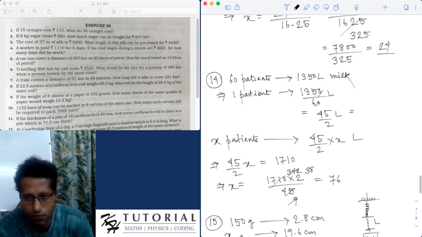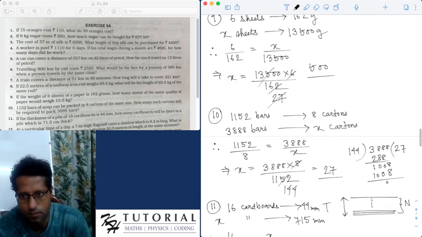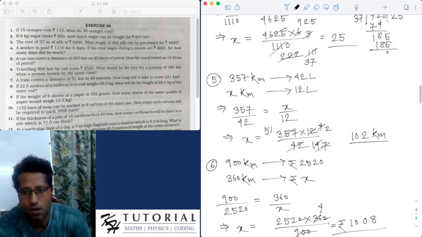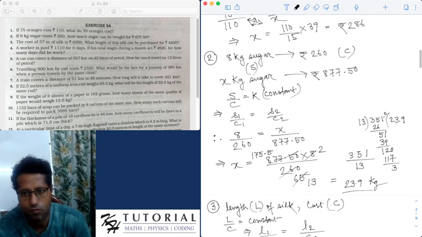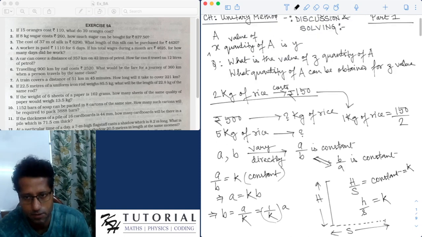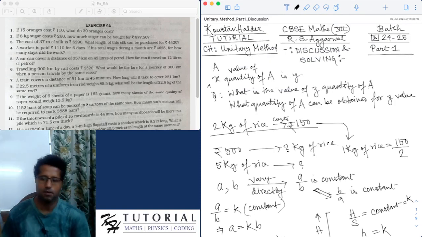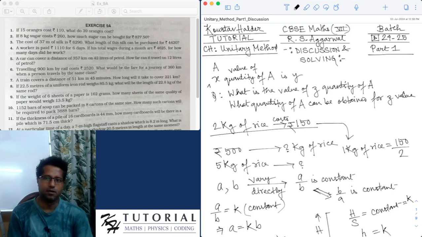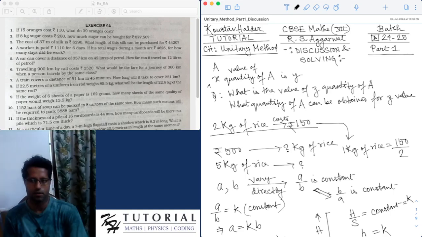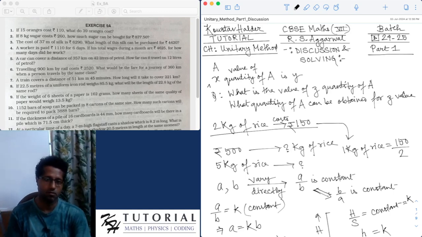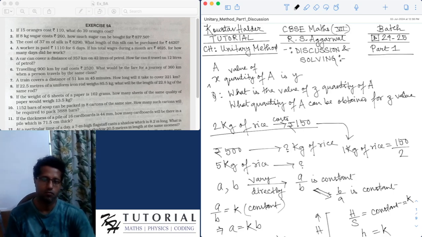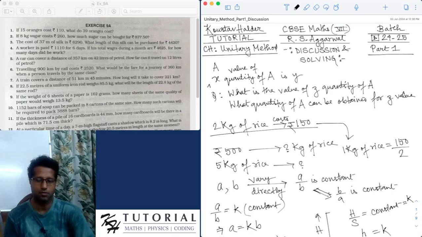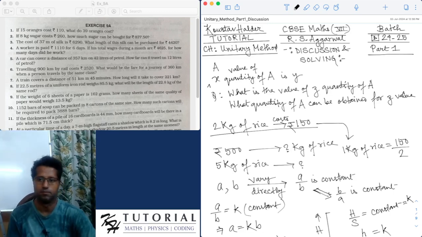So I hope this video was beneficial to you, solving all the problems and applying the concept of the ratio of two quantities that vary directly remains the same, and also the concept of unitary method that I used in a few problems. I hope you will get a good understanding of the concept of two quantities that vary directly, and how to use that concept to solve this kind of problem.